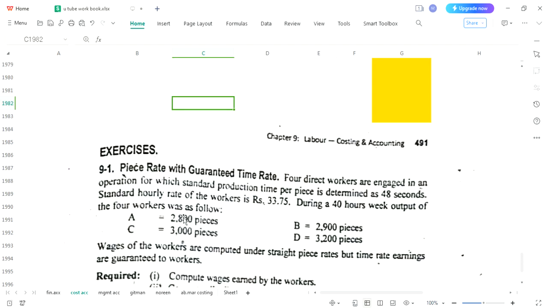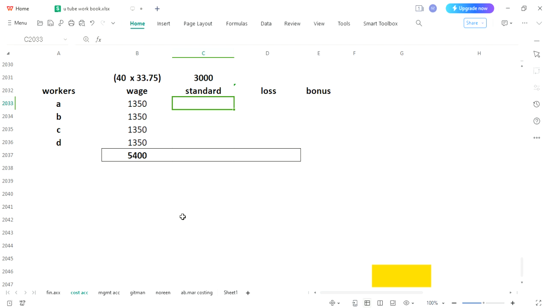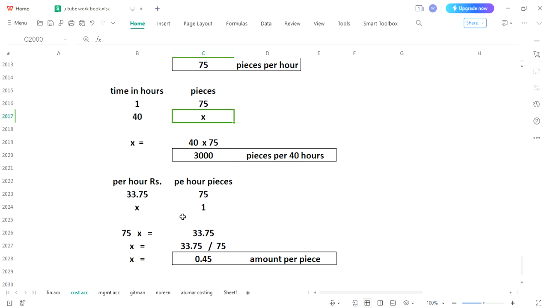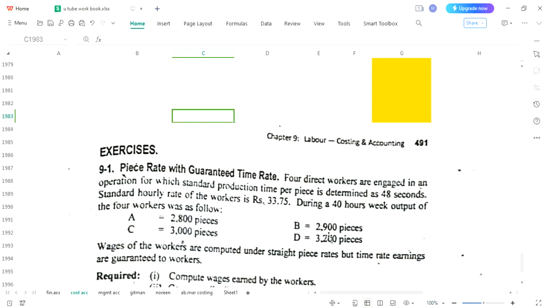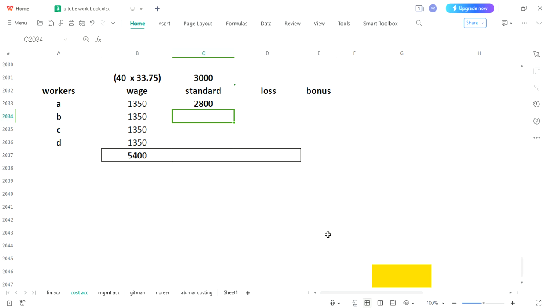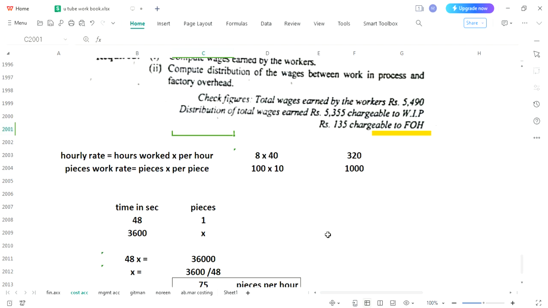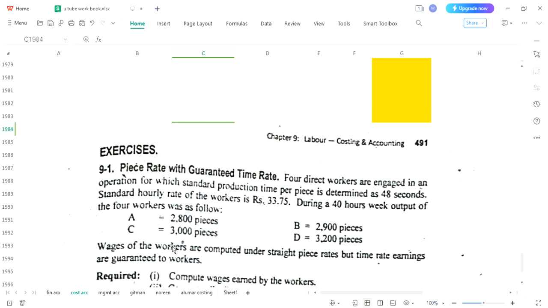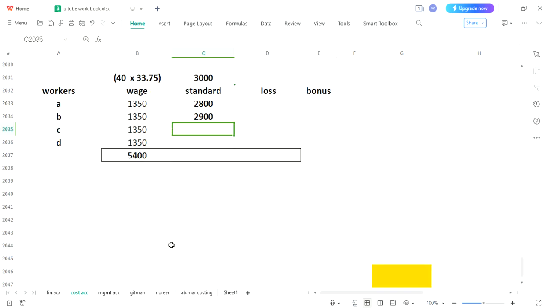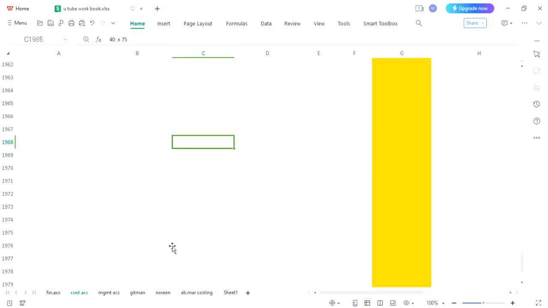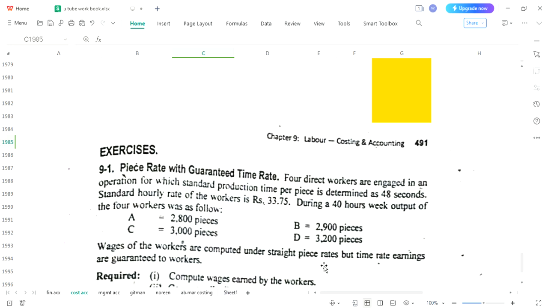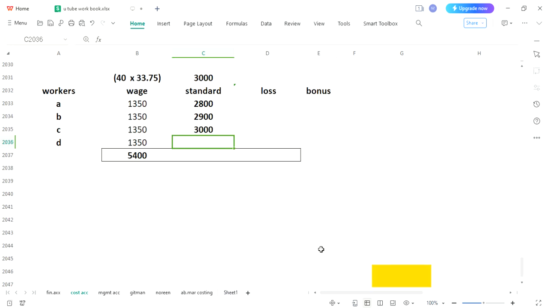A 2800, put 2800 over here, and B worker has made 2900, put 2900 over here, and then C worker has made 3000 units, put 3000 over here, and then fourth worker, that means D, has produced 3200. So put 3200 over here.